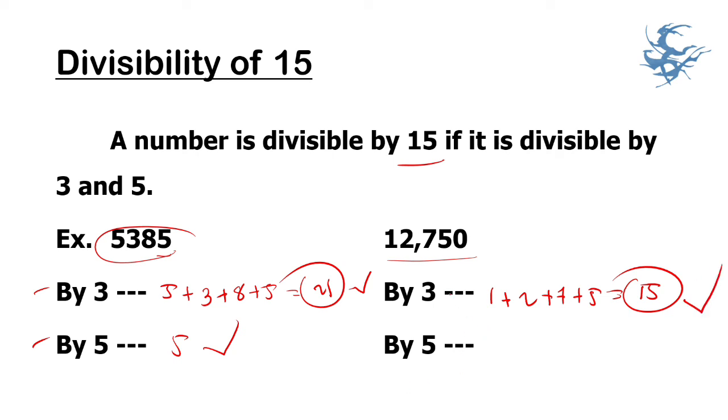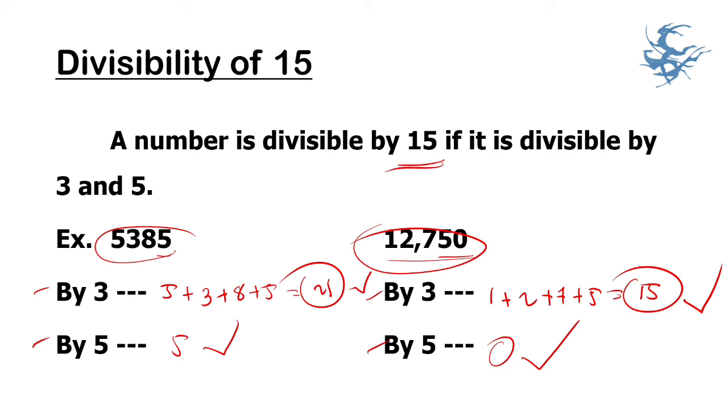Now, by the divisibility of 5, titingnan natin yung last digit, 0. Since it is 0, divisible siya by 5. Since it is both divisible by 3 and 5, then this number is also divisible by 15. Okay? So that's it. We tackled the divisibility rules from 2 to 15.